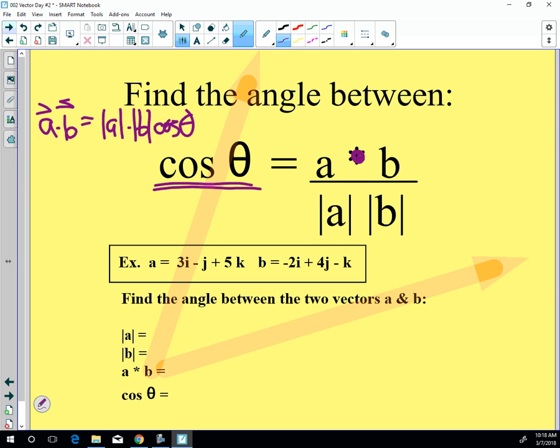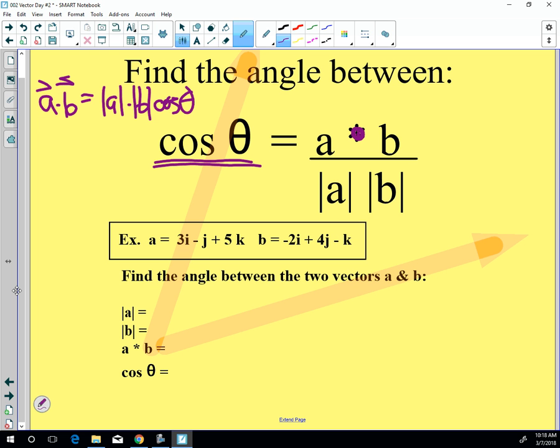This is the power of this: you can take three-dimensional vectors and find the angle between them just by doing this crazy math. So let's take this example. Vector A has a column vector of 3, -1, 5. That's A. I like the column vector form. B has a -2, 4, -1.